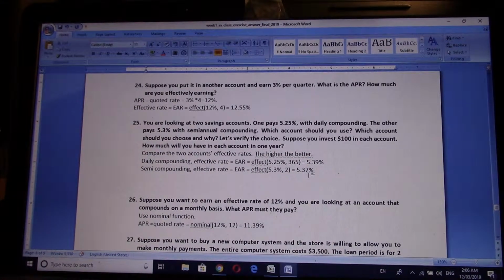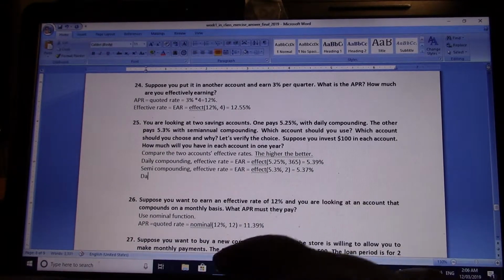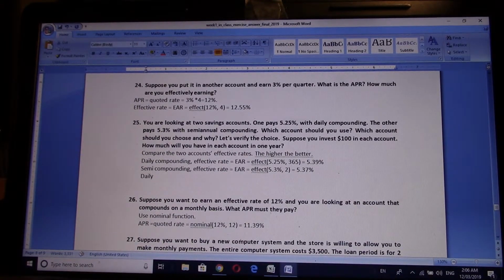Okay, you can verify. Suppose you invest $100. You can compare if it's daily. How much will $100 be a year later? You can do this calculation.